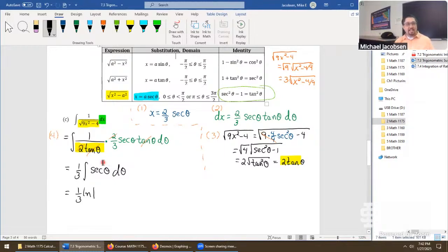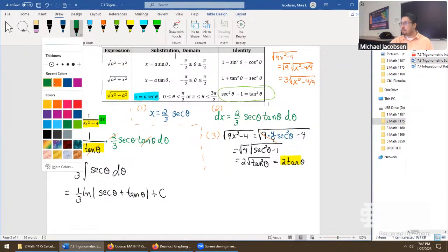That's how we pretty much try to remember it. If you're integrating tangent, cotangent, secant, and cosecant, all of them start with natural log absolute value of something. And when it comes to a secant, it's secant theta plus tangent theta plus a constant. If this was a cosecant theta, actually, let's just write that up above.